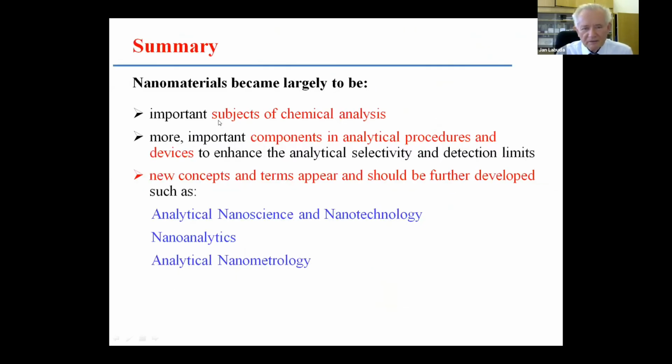Going to the summary, I would like to stress that nanomaterials become more and more important subject of chemical analysis. Once more, for their characterization as products of nanotechnology, and also for the detection and evaluation of the risk for environment, for food, for consumer products and human health.